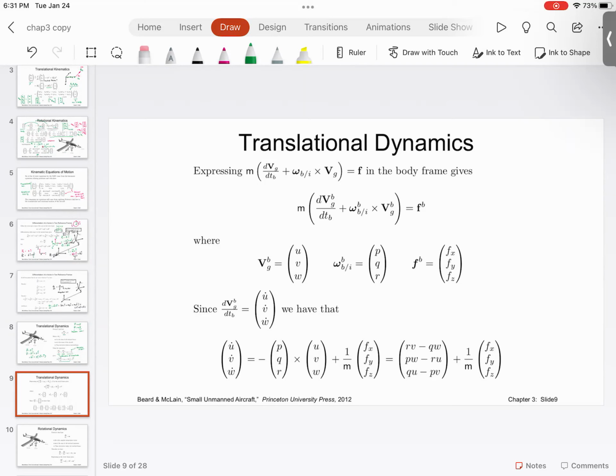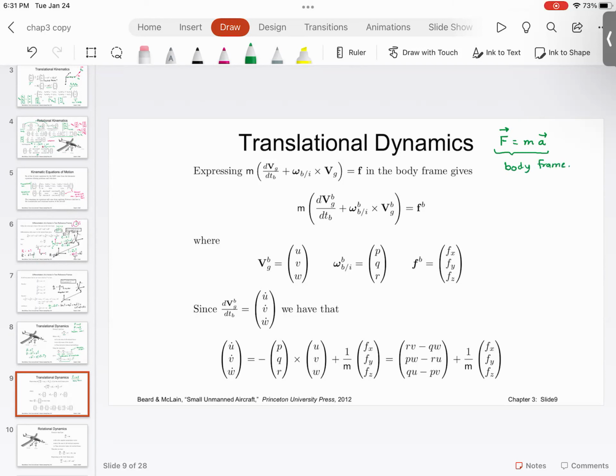So this equation is a form of force is equal to mass times acceleration. Force is equal to mass times acceleration. And what I want to do is express this entire equation in the body frame of the aircraft. Body frame.